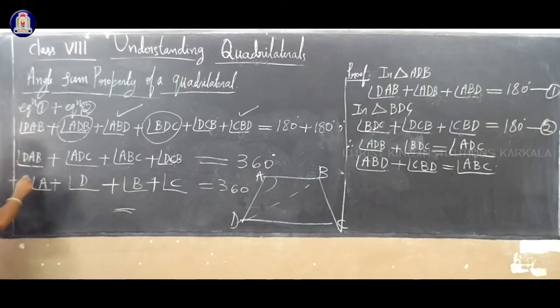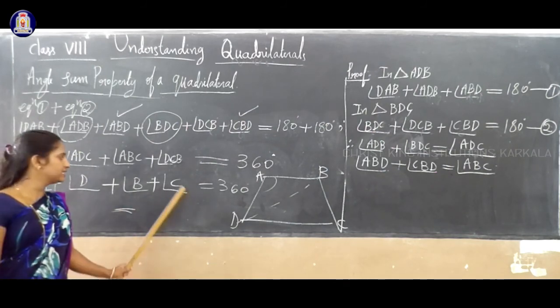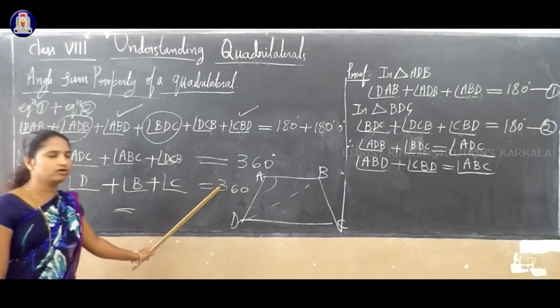Therefore, angle A plus angle B plus angle C plus angle D is equal to 360.